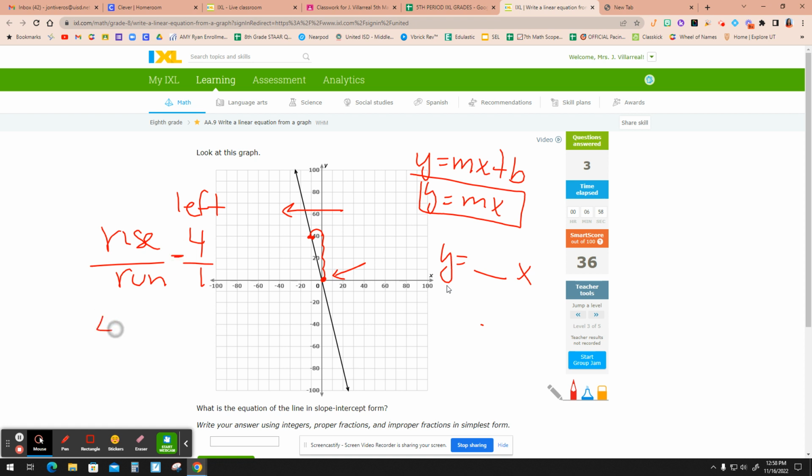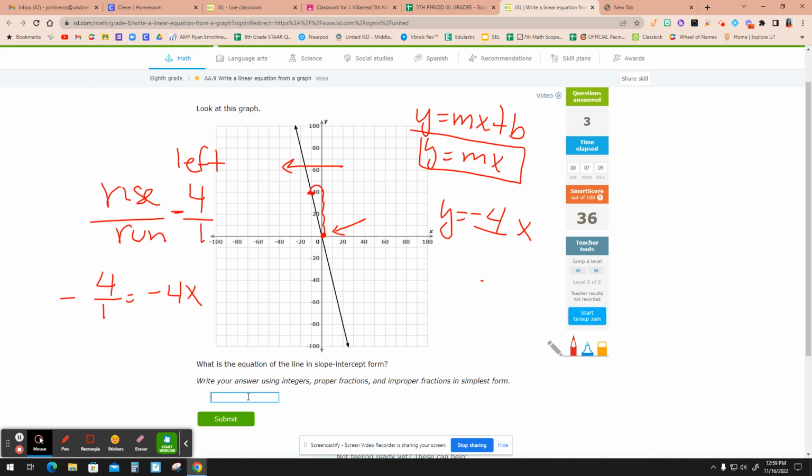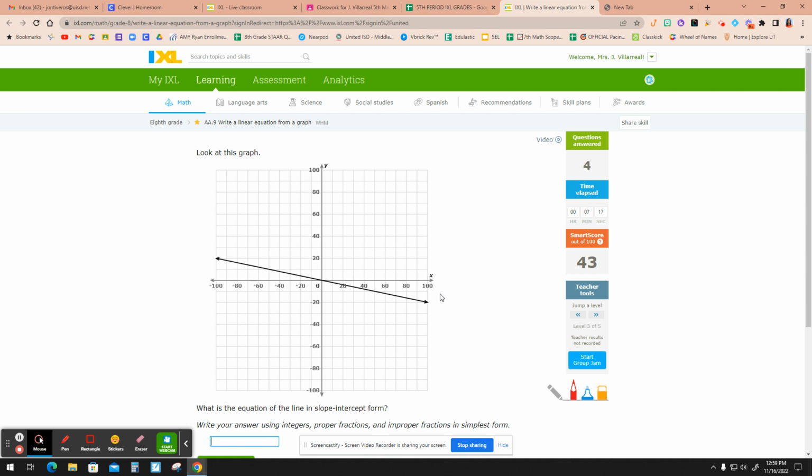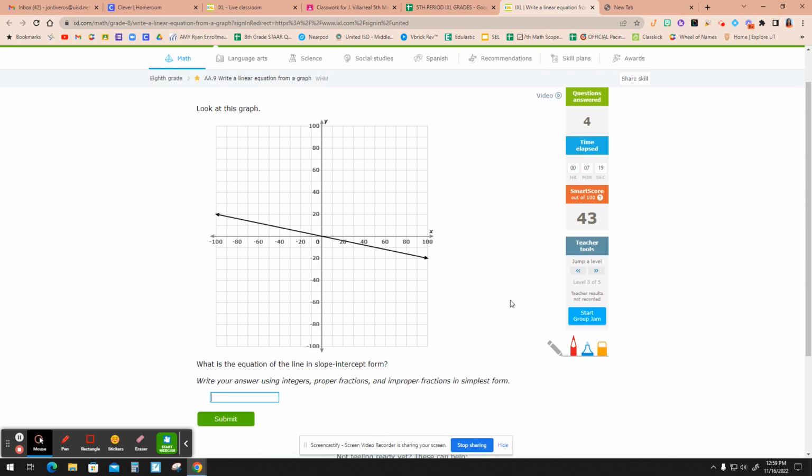So negative 4 divided by 1 equals negative 4, and combine it with your x. And then you just input the answer. Y equals negative 4x. And there we have it.